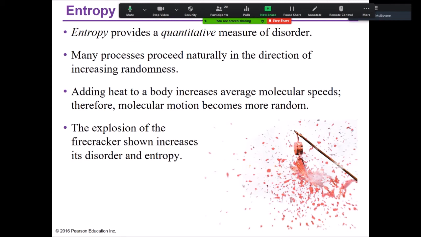And there is such a quantity, there is such a concept, and this is what we refer to in physics as entropy. Entropy is an attempt to quantify disorder.